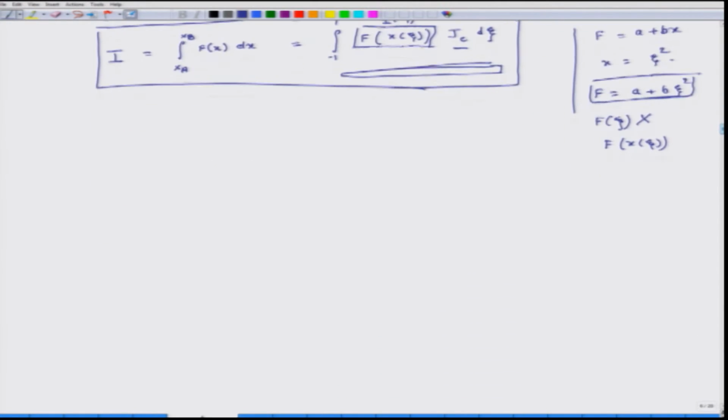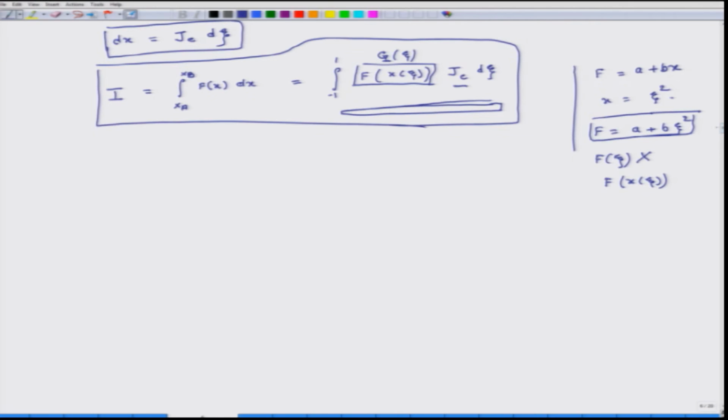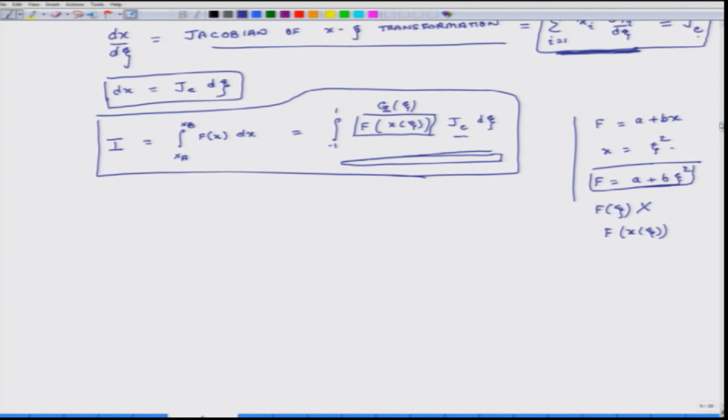But before we discuss any new topic, I would like to explain this Jacobian by an example.